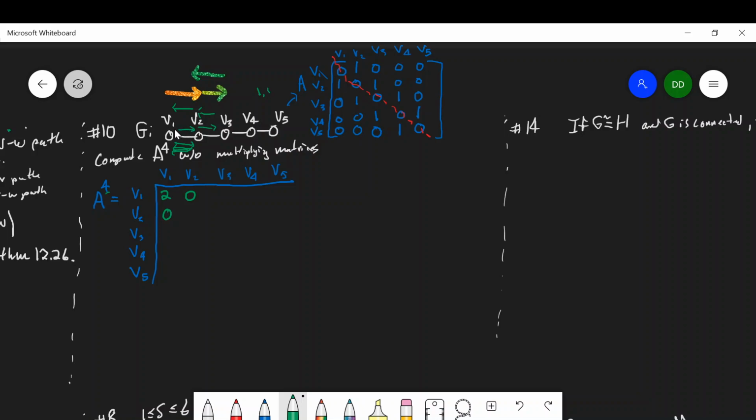Well, what if I went V1 to V2, back to V1, and then V2, V3. So there's another 1. And I believe that is all of the ways. So what's nice about this is we can check ourselves by computing A to the fourth.